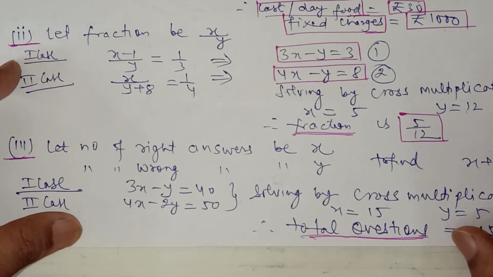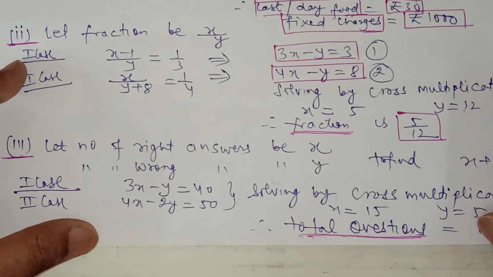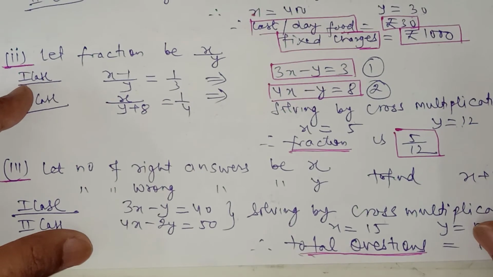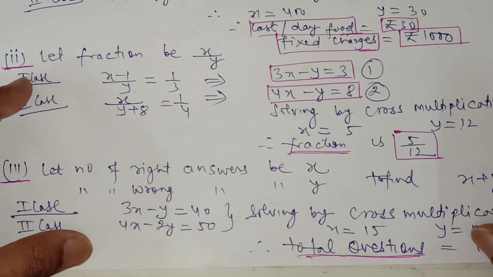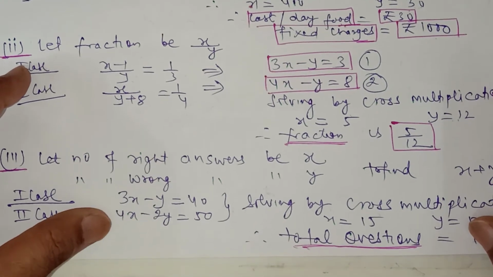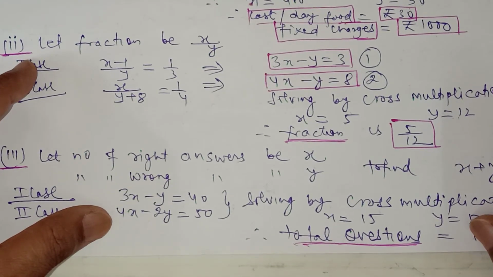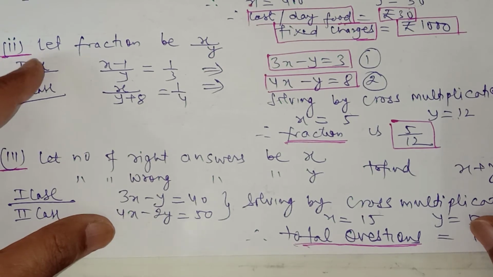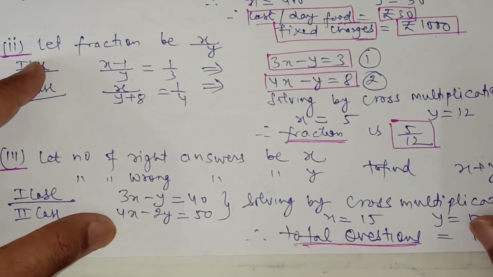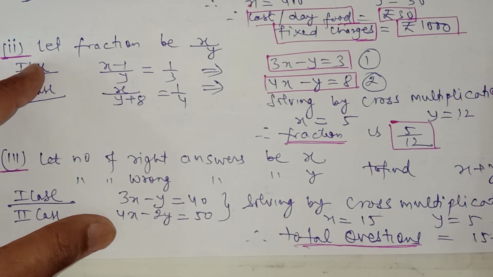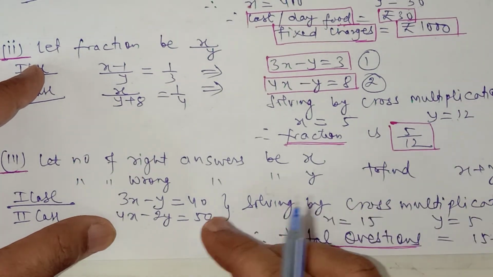Now in the next part, it is given that when a person gives a correct answer, there are 3 marks for the correct answer and there is a 1 mark deduction for the wrong answer. So in the first case, a person gets 40 marks. And in the second case, there are 4 marks for the correct answer and 2 marks deducted for the wrong answer, and he gets 50 marks.